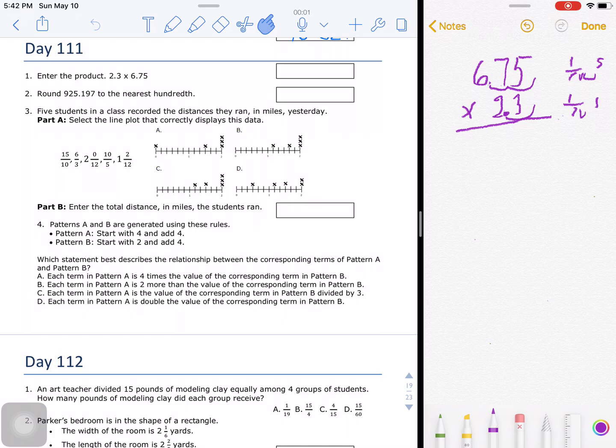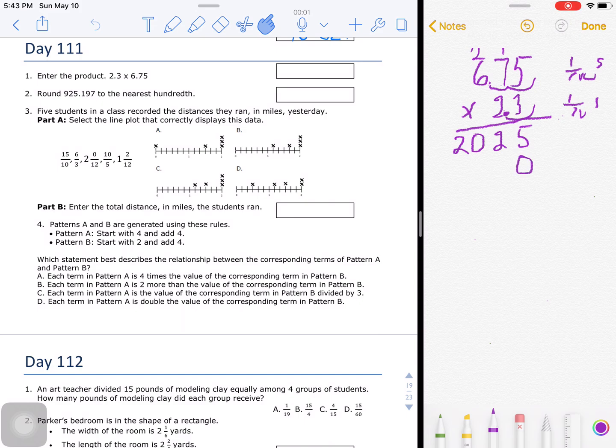So we multiply 3 times 675. So as we do this, we want to make sure that we add our carries. Okay, and we move to the next partial product.